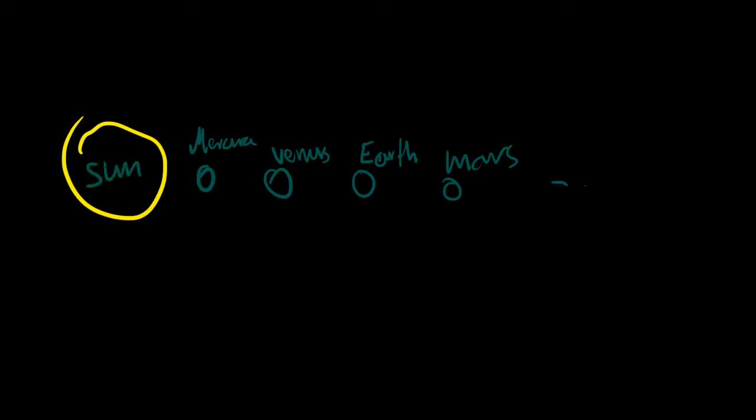We have the sun here. From the sun to Mercury, it's about 50 million kilometers. And to Venus, it's about 100 million kilometers.